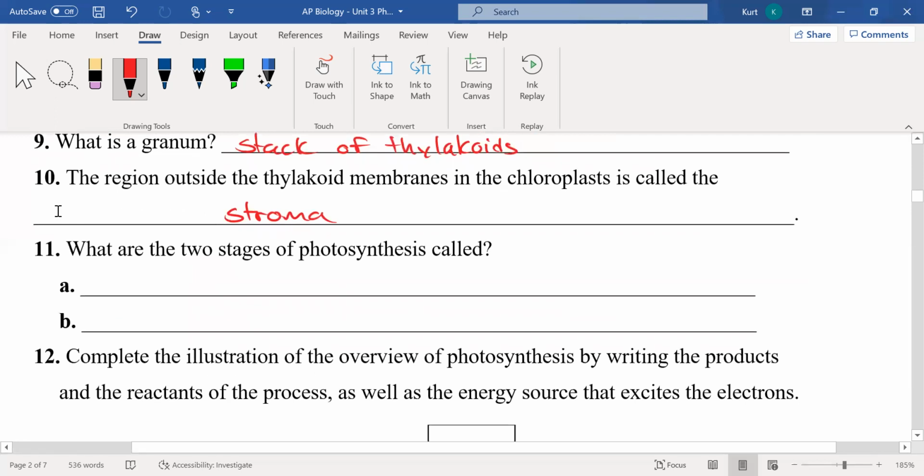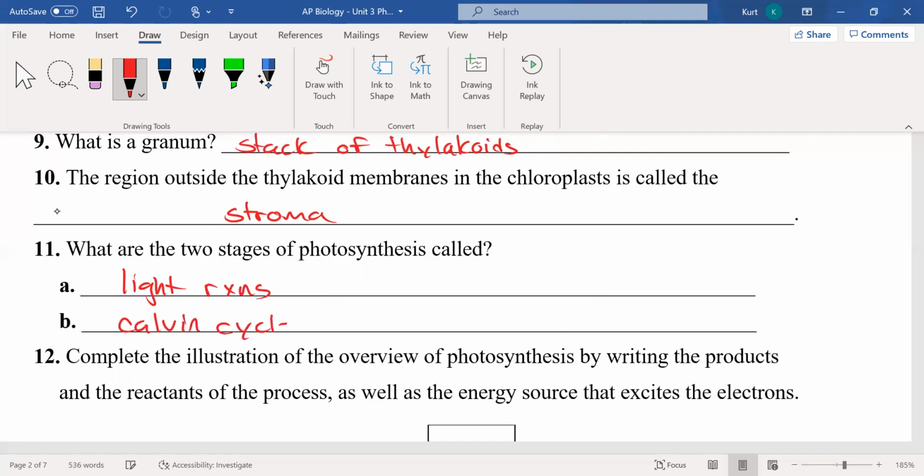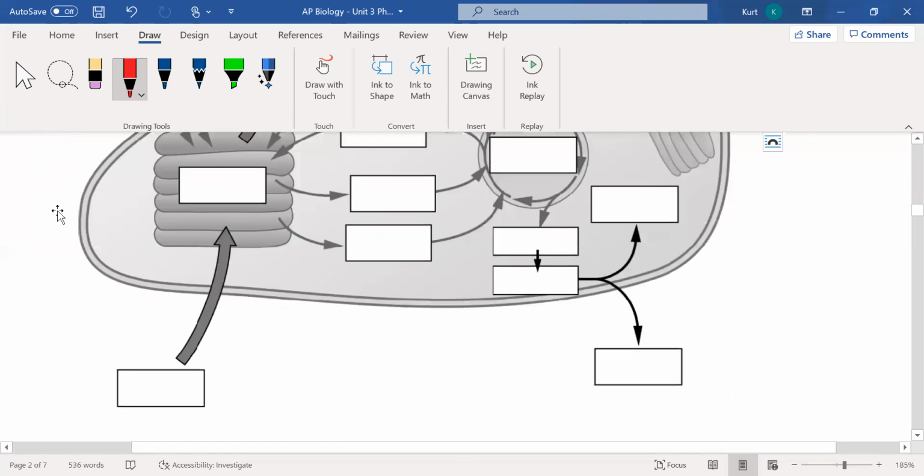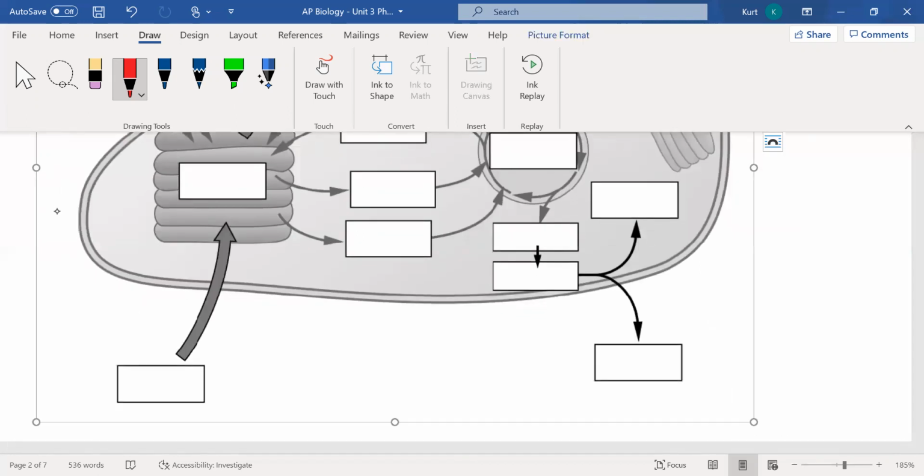What are the 2 stages of photosynthesis called? Light reactions and Calvin cycle. Complete the illustration of the overview of photosynthesis by writing the products and the reactants in the process, as well as the energy source that excites the electrons. So what 2 reactants are entering the light reactions?